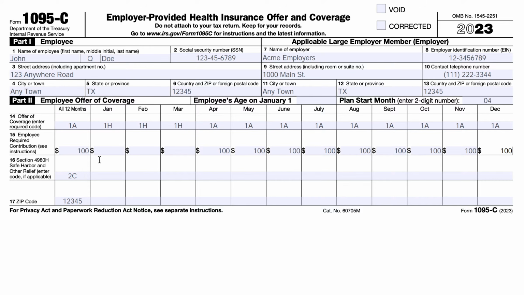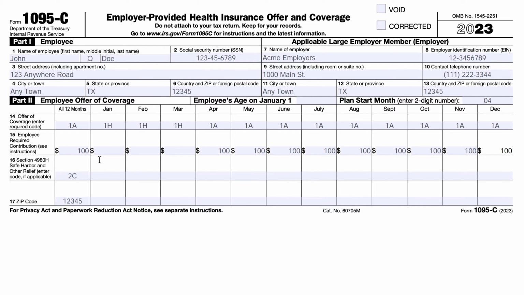The section 4980H safe harbor is basically for the IRS's purpose, to make sure they understand whether or not the employer is following tax rules and qualifies for certain tax privileges.